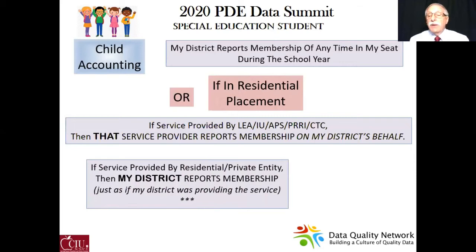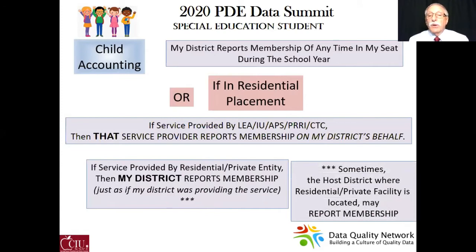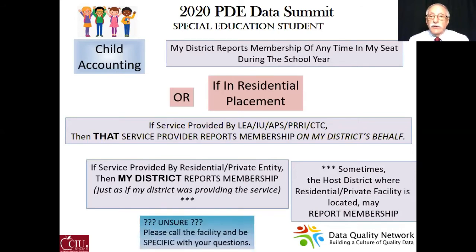And if the service is being provided by a private entity, then my district reports the membership just as if my district were providing that service, right? And as before, there could be an agreement between the host district and the resident district, and where that facility is located, the host district, that is, may report the membership. But if you are not sure, please call, ask your questions, and be specific.